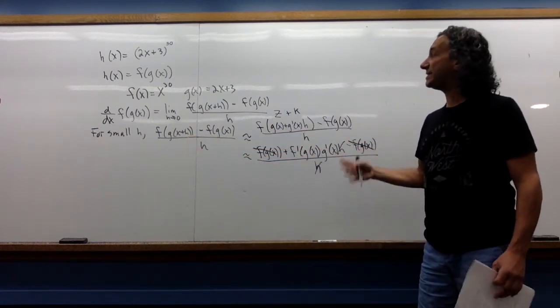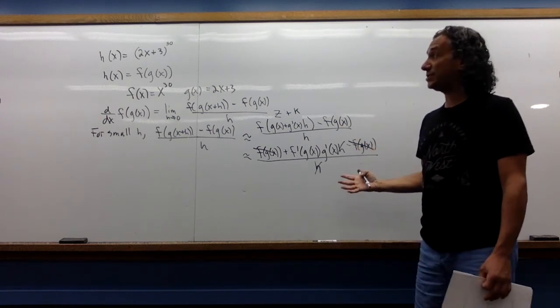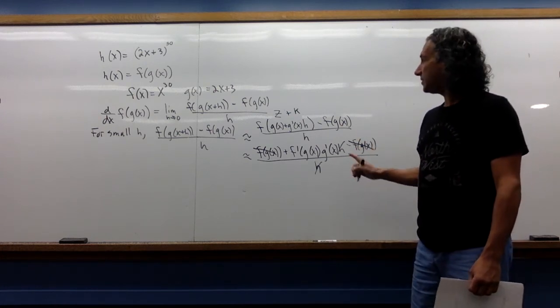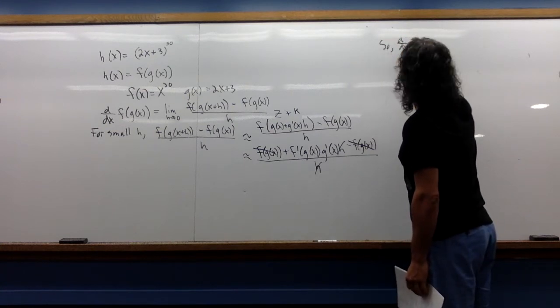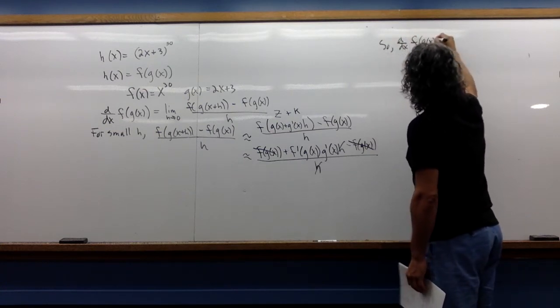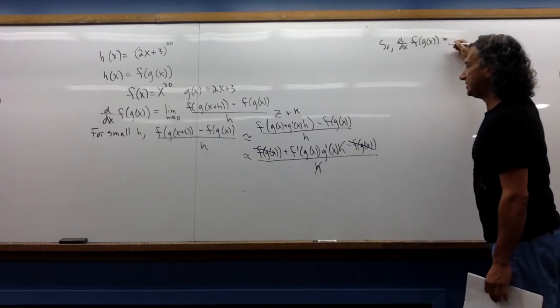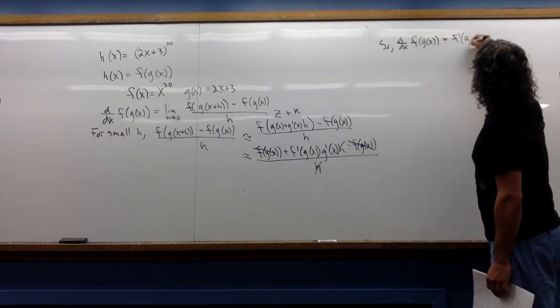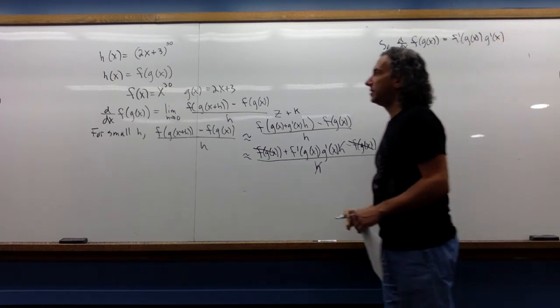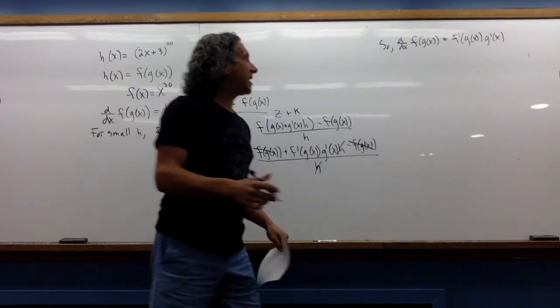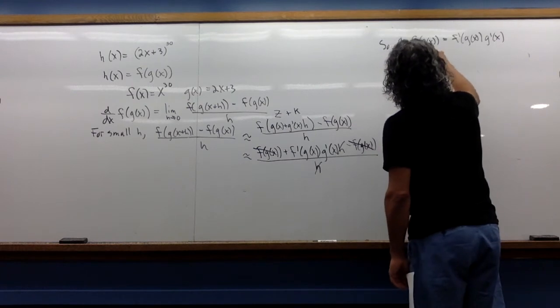And the approximation gets better and better as h approaches 0. So that tells me that the derivative of f of g of x is equal to f prime of g of x times g prime of x. And this guy is known as the chain rule.